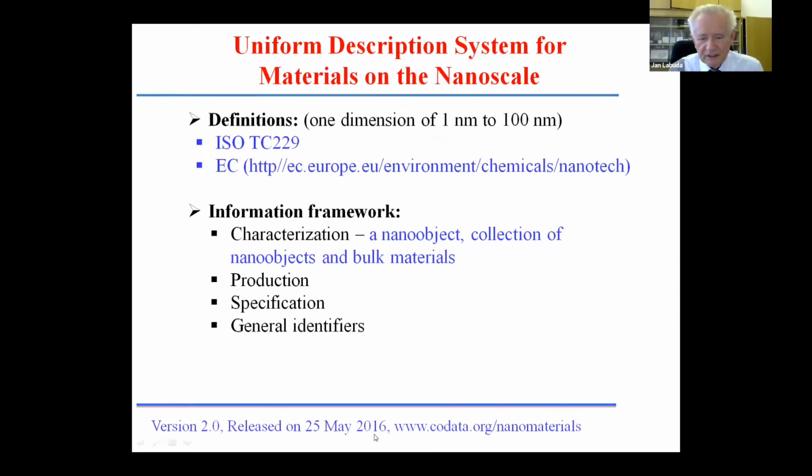In 2015 and 2016, the Uniform Description System for materials on the nanoscale was prepared by the CODATA organization. It is once more a definition which is the same as or accepted by ISO and the European community. And this system describes not only parameters on how to characterize nanomaterials, but also concerns production specification and general identifiers of nanomaterials.